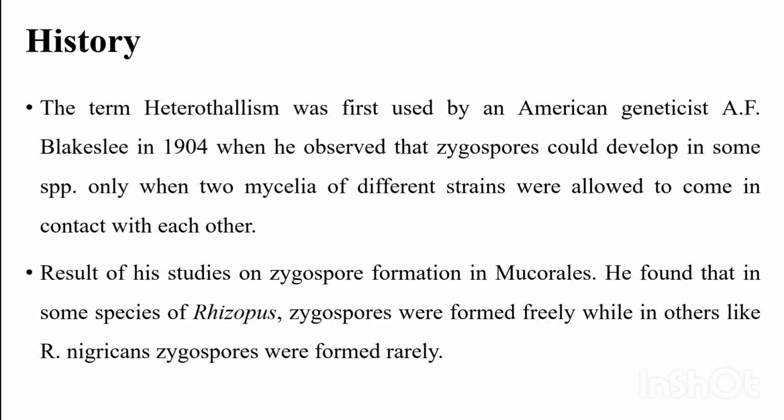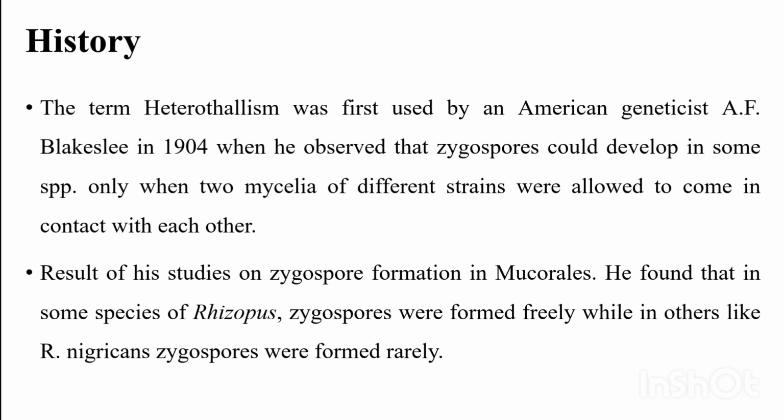At first this heterothallism phenomenon was discovered by A.F. Blakeslee in 1904. He observed that zygospores could develop in some species only when two mycelia of different strains were present.